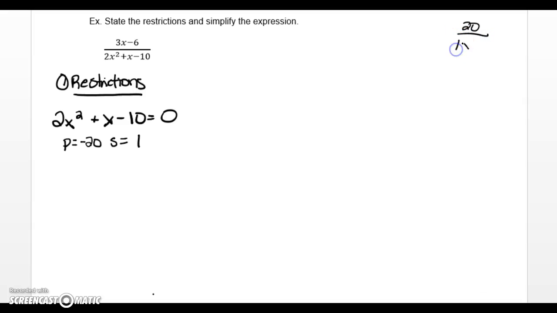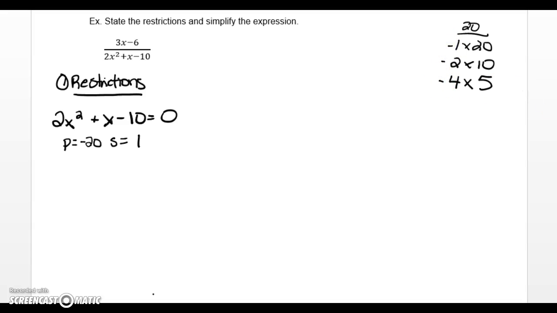You can go 1 times 20, 2 times 10, 4 times 5, and that should be everything. Then you would ask, well, if this is a negative product, that means one number has to be negative, one has to be positive. And you have a positive sum, which means that the bigger number has to be positive. So let's make all these smaller numbers negative.